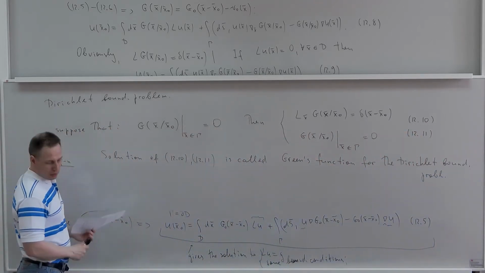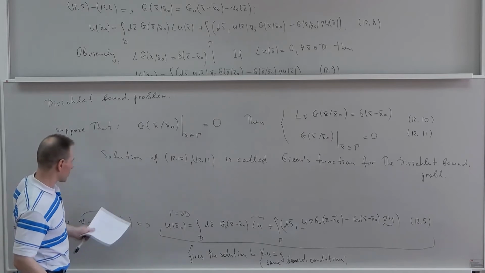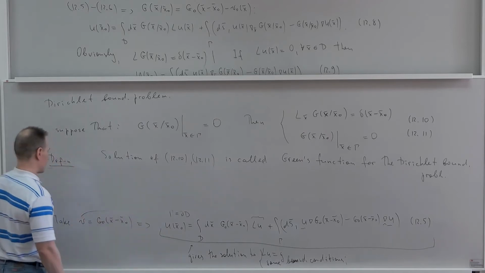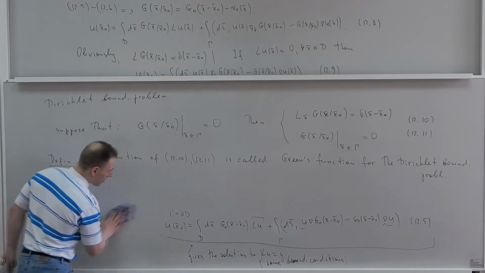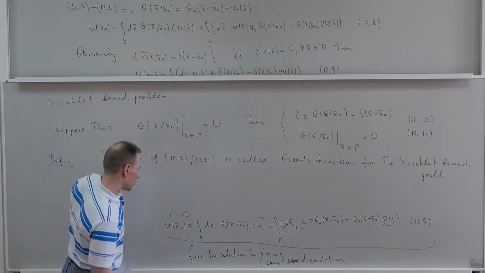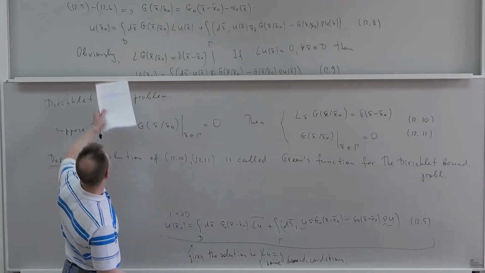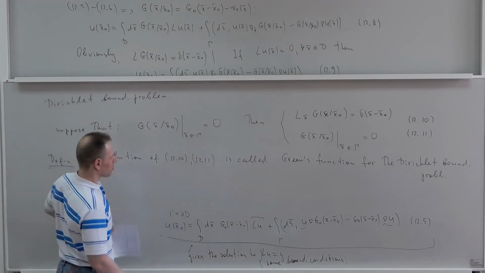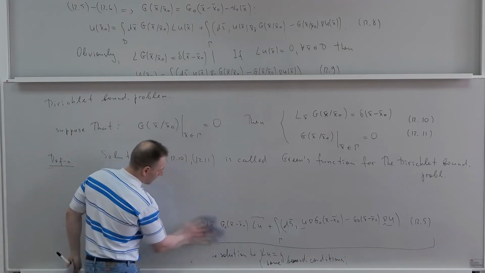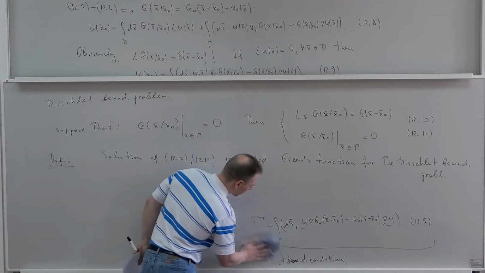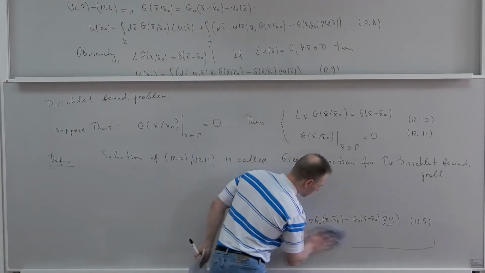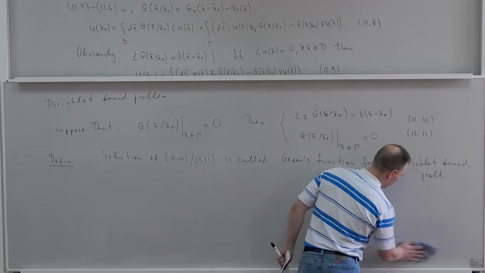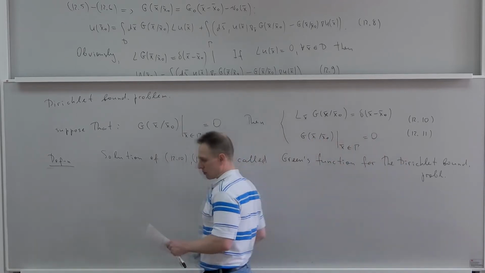For such a choice of the function G, which is called the Green's function, the expression for the solution of the Helmholtz or Laplace equation can be written as follows.